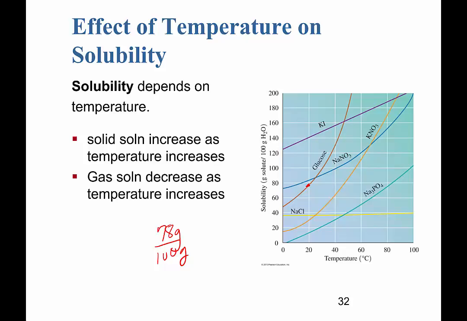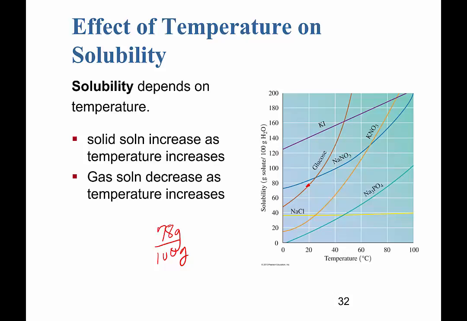And that tells me that is my solubility. So I can read my solubility at various temperatures. I can see that for glucose, that curve goes up, which means as the temperature increases, I can dissolve more and more. So for solid solutions, that solubility is going to increase as my temperature increases.